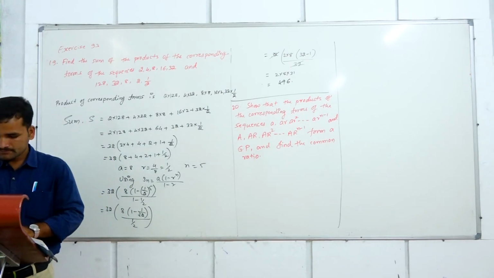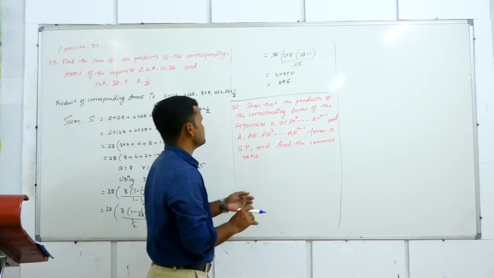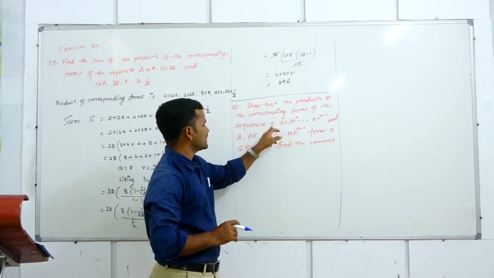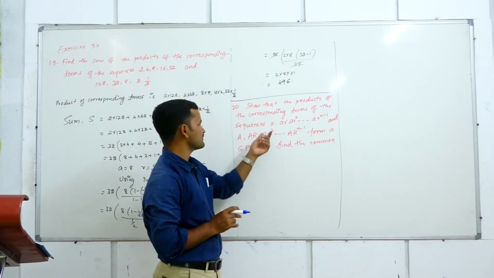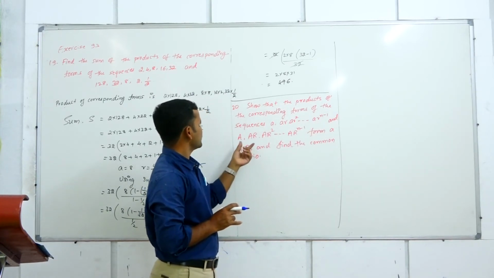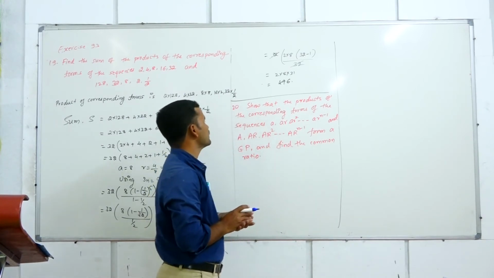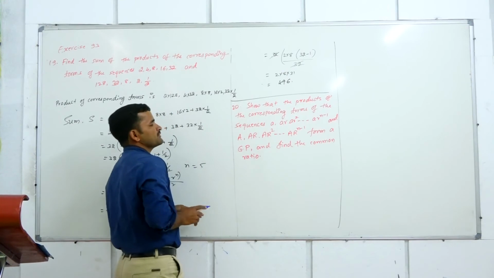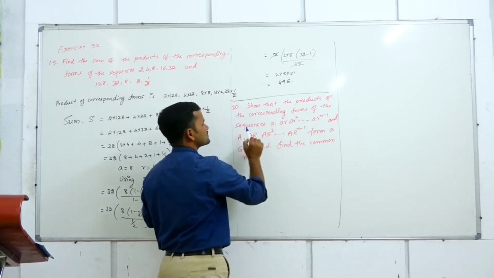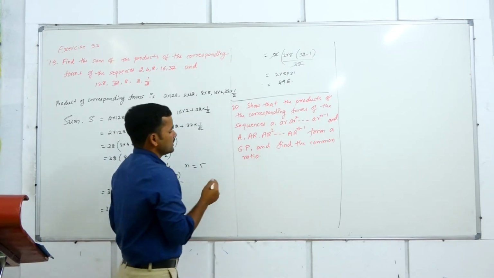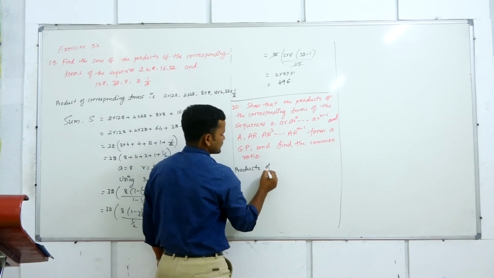See, here two GPs are given to us. First geometric progression is A, AR, AR square up to A into R to the power of n minus 1, where small letters are used. And here second GP, A, AR, AR square, capital letters are used. They are asking you to show that products of corresponding terms of the sequences. Products of corresponding terms are what?